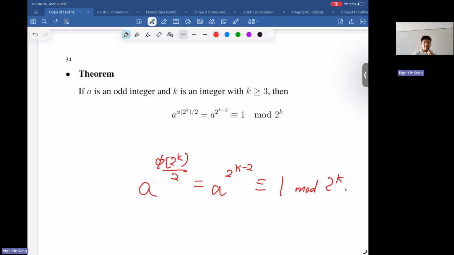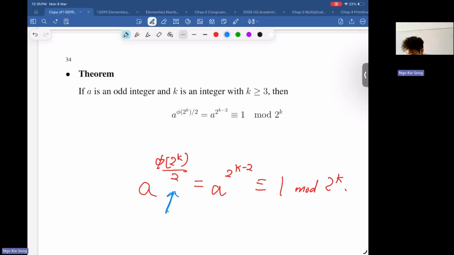What does this show you? This shows you that if you consider numbers like 8, 16, 32, that is 2^k with k at least 3, then any odd number here will return to 1 before φ(2^k). Does it make sense or not? Okay.